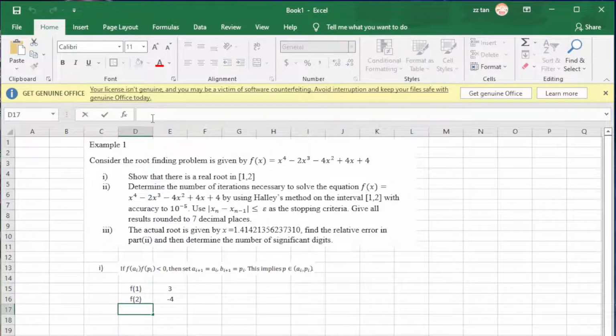So we can conclude that since f(1) times f(2) is less than 0, therefore we can conclude that there is a real root in the interval 1 and 2.